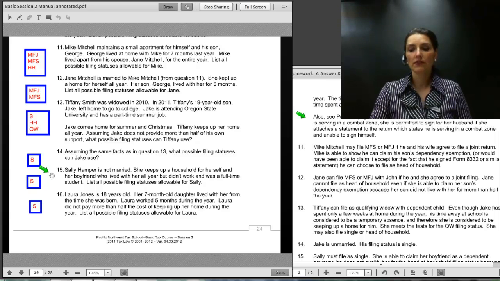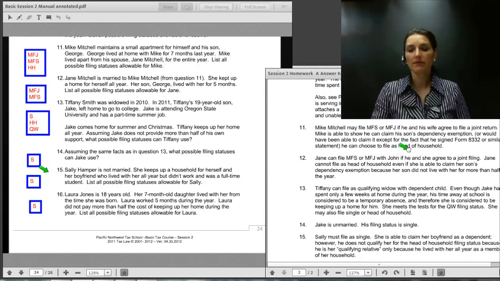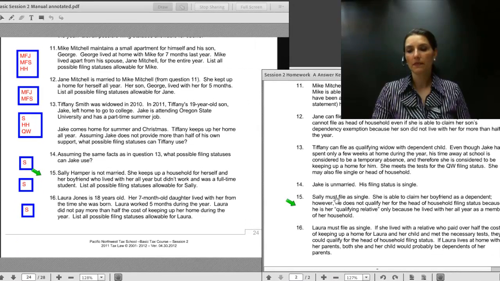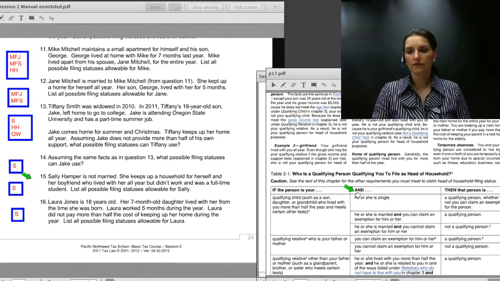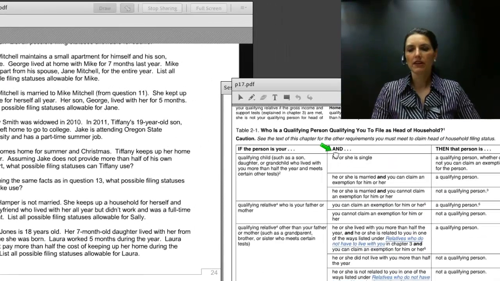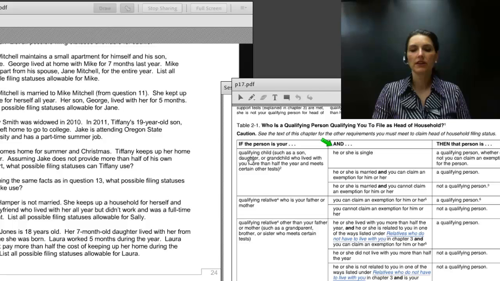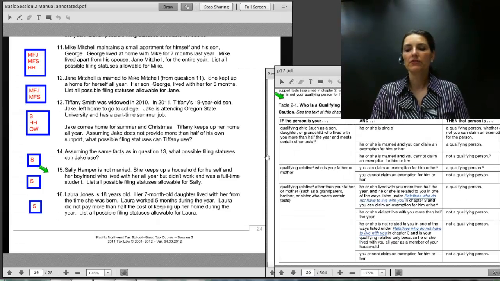And to clarify that, let's go to the IRS table and take a look at that. So I'm looking at Table 2-1 in Pub 17, where it says, who is a qualifying person qualifying you to file as head of household?